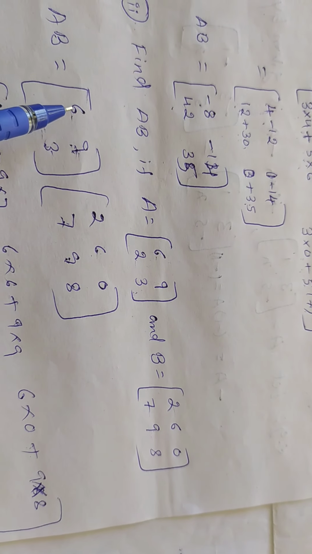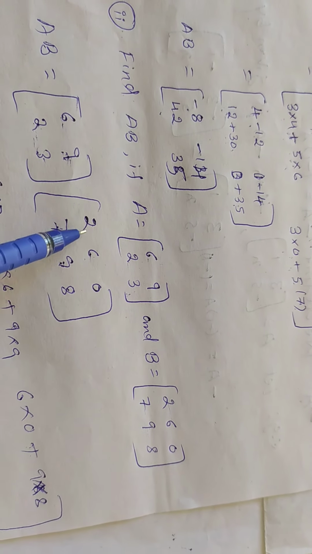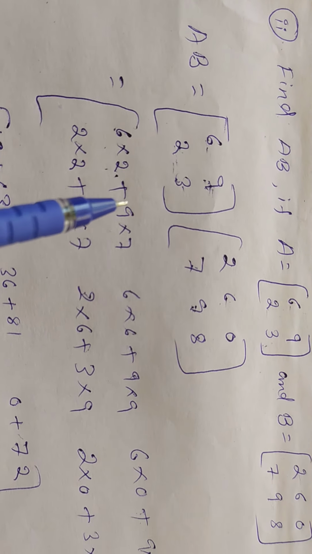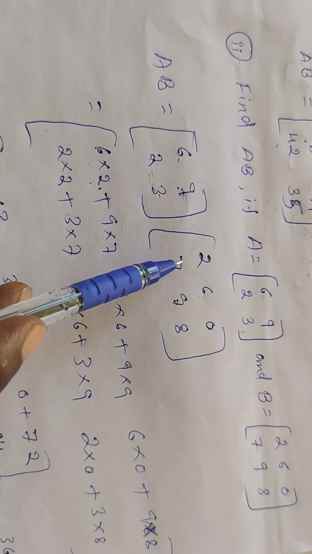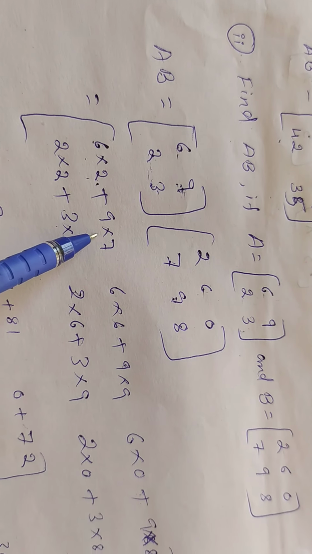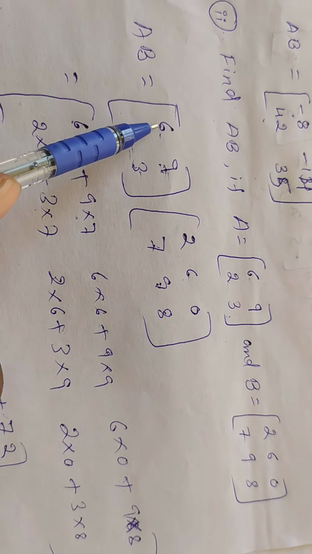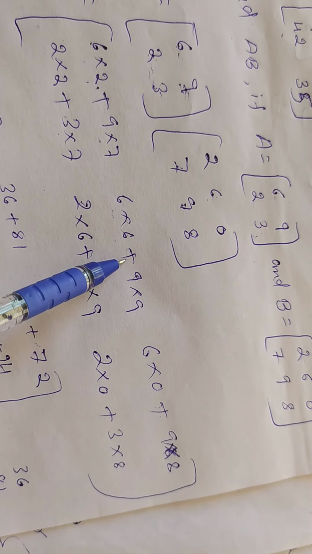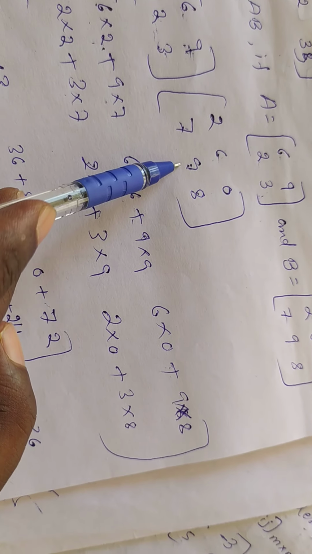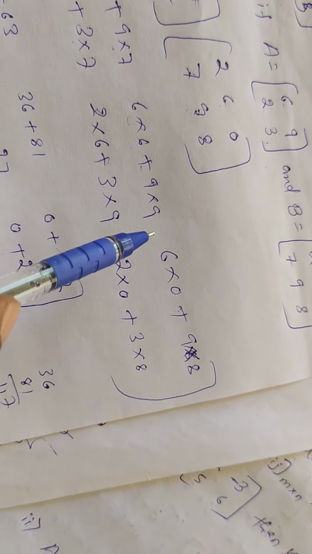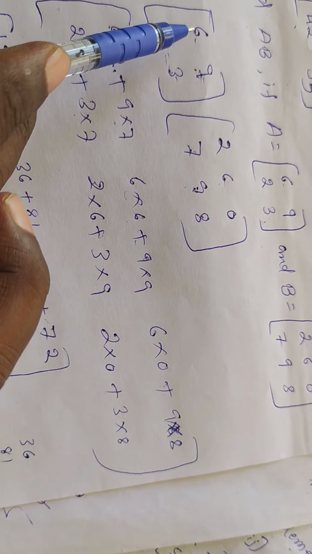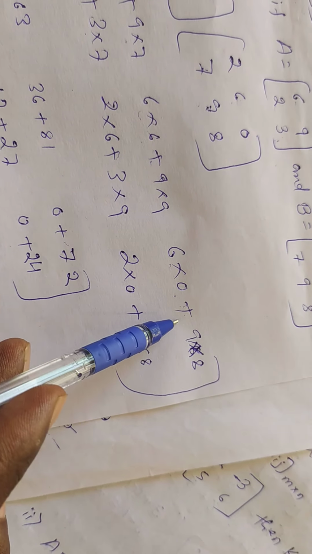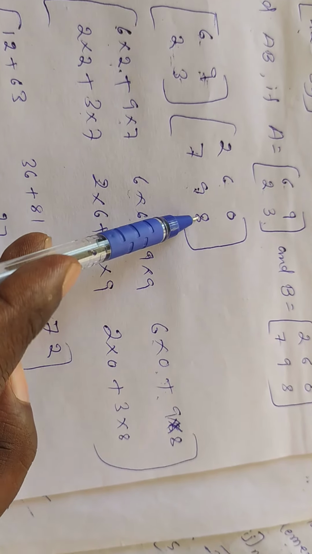Here also, first row, first column, 6 into 2, plus 9 into 7. First row second column, 6 into 6 plus 9 into 9, and first row third column, 6 into 0 plus 9 into 8.